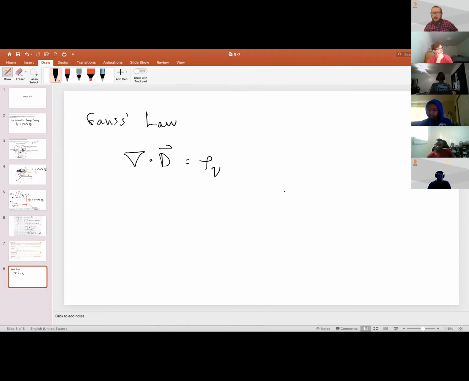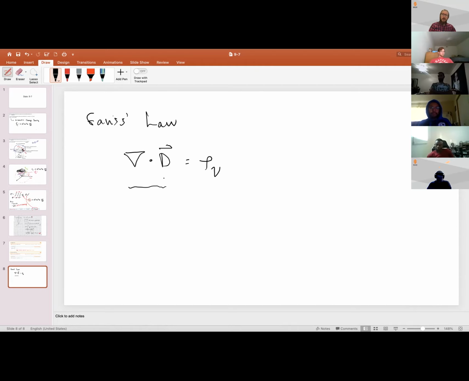Do you remember what we said qualitatively? What does this mean? If you look at this electric flux density field and take the divergence of it, anywhere that it evaluates as not zero, that means that charge exists in that area.